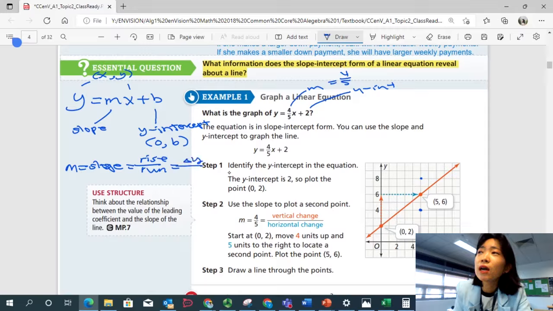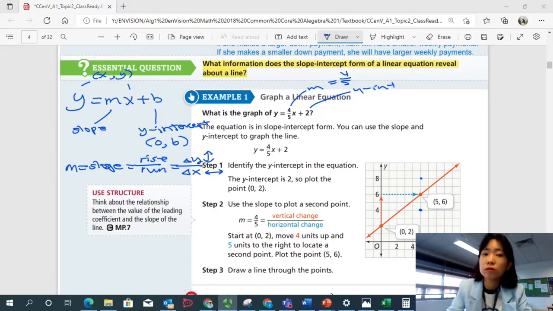How many blocks are we going up or down for y, right? How many blocks are we going left and right for x? And those are going to make a slope.